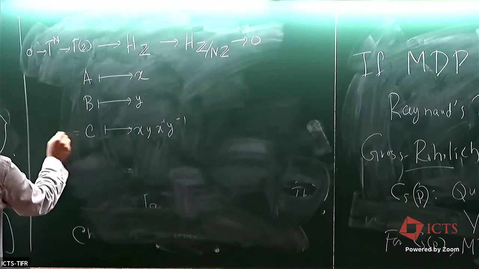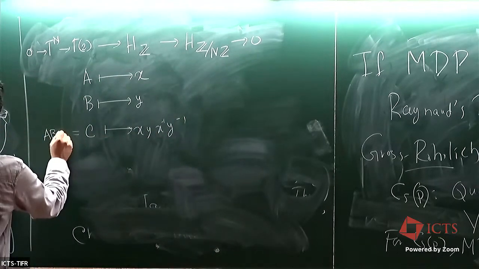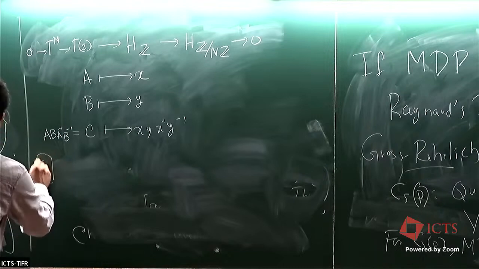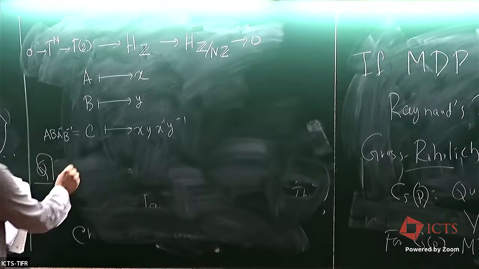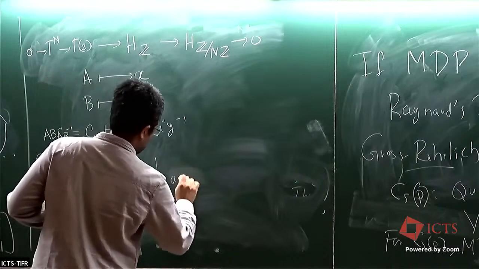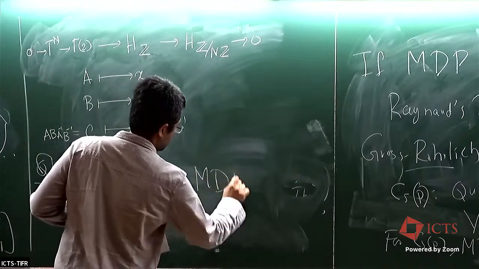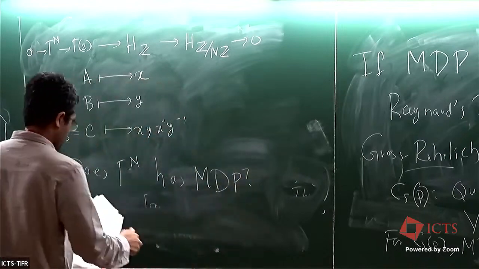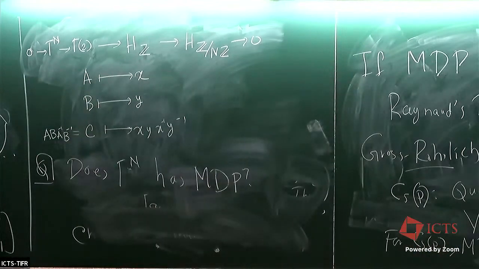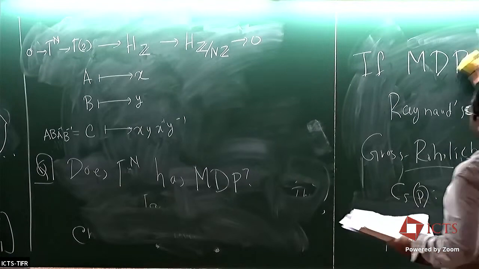So C is inverse. Okay, the question they asked Murthy Ramakrishnan is, does gamma n have the Manin-Drinfeld property? I will give a criterion to determine when this property is true.